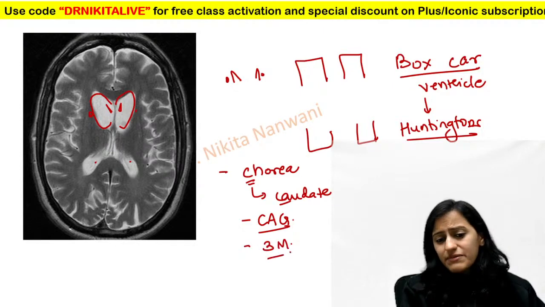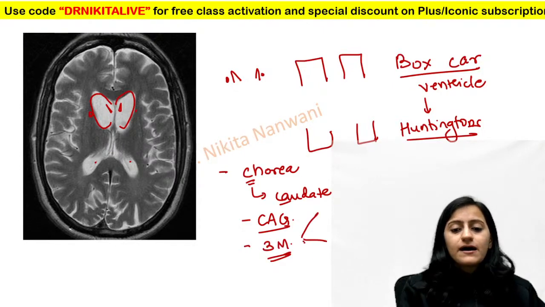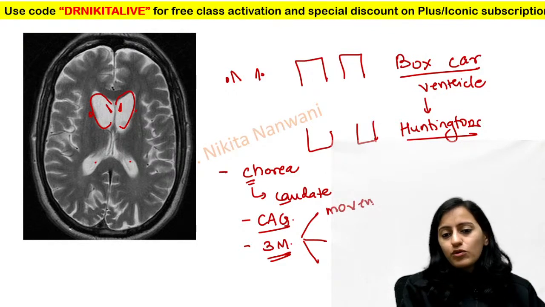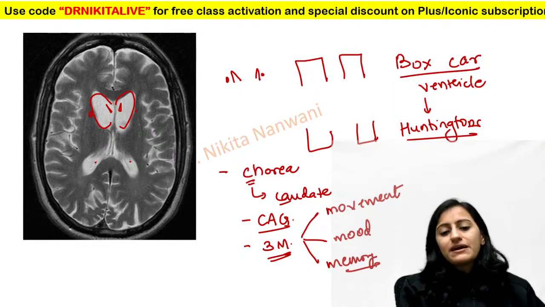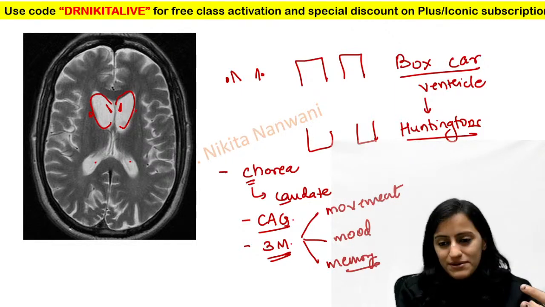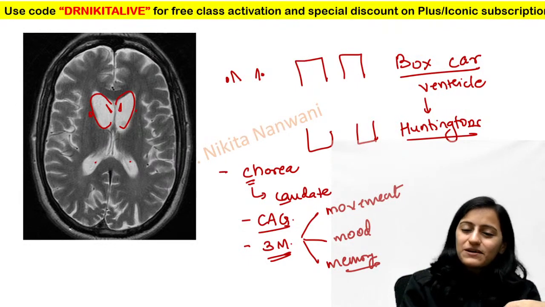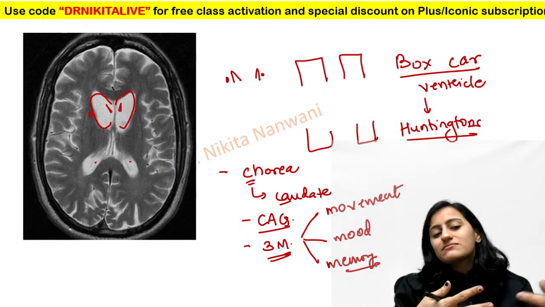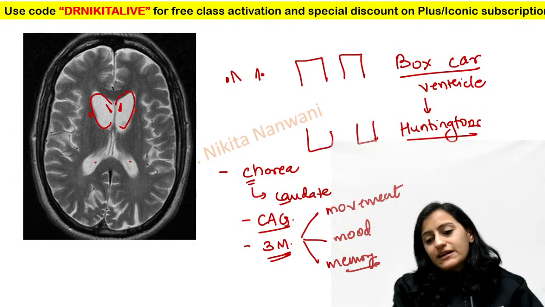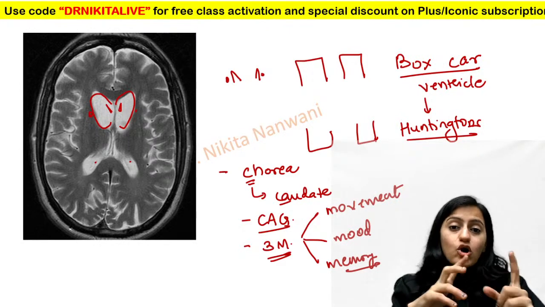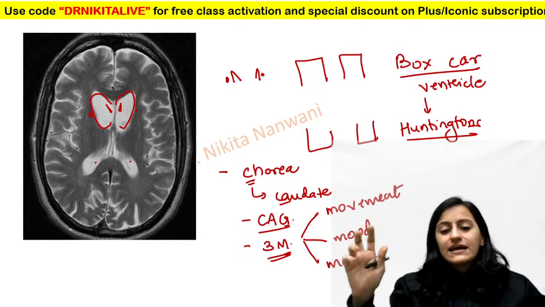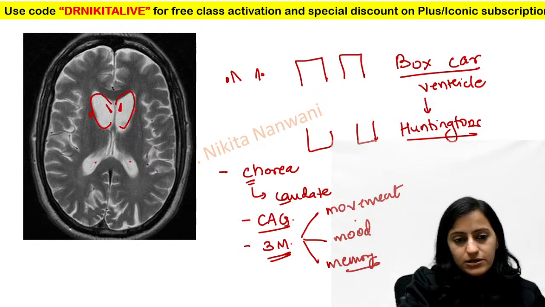What were the clinical manifestations? The 3Ms. How does the patient present? Movement abnormality, mood abnormality, and memory abnormality, that is dementia. So movement, mood, memory. Yes, there is anticipation in the future generations. It comes at an earlier age. So that is Huntington's disease. Okay, remember Huntington's chorea, caudate affected. So frontal horns dilated. You get the boxcar ventricle.